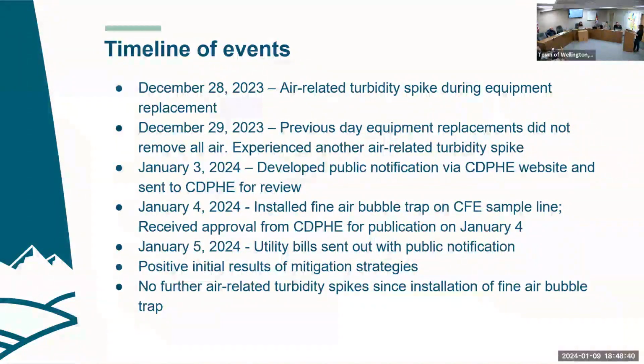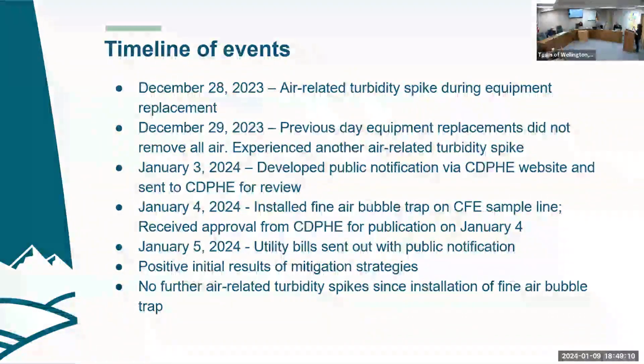So on the week of January 3rd, a couple days after the first of the year, I developed the public notification requirement. There is essentially a report writer that you go through on the CDPHE website that generates the language that's required for you to report in your public notifications. There's a limited amount of information that you're asked to provide, such as the dates, the elevated levels, what you're doing to solve the problem, when you're going to submit the letter.